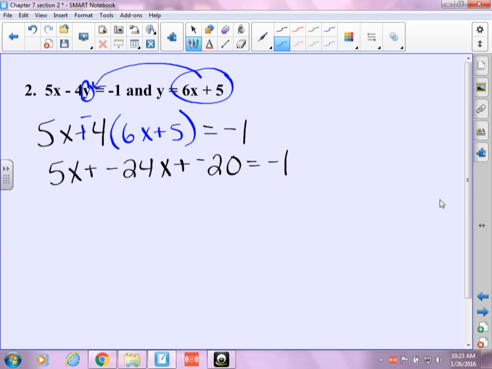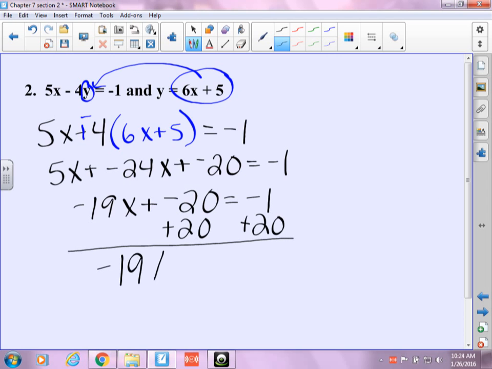All right, now what do I do? Combine like terms. What do I get? 19x plus negative 20 equals negative 1. Yeah, I want to combine like terms first. Okay, now what? Yep. Good. I'm going to add 20 to both sides.